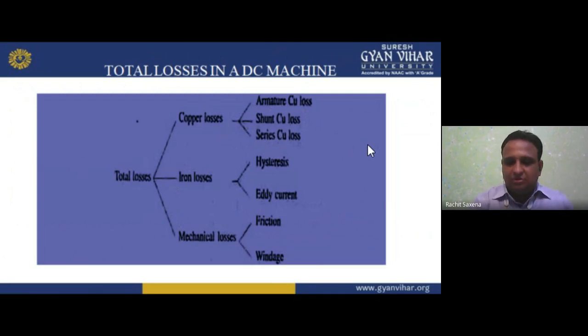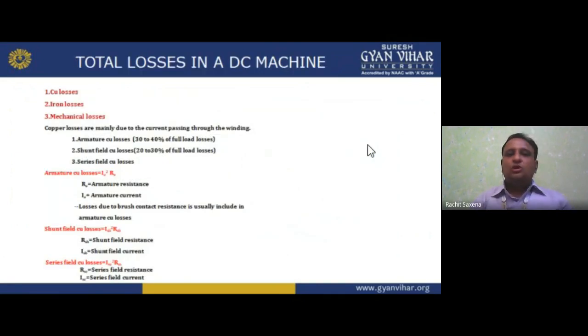Now take a look at it. Total losses in our DC machines are copper losses, iron losses and mechanical losses. Copper losses are mainly due to current passing through the winding. Armature copper loss is 30 to 40% of full load losses.